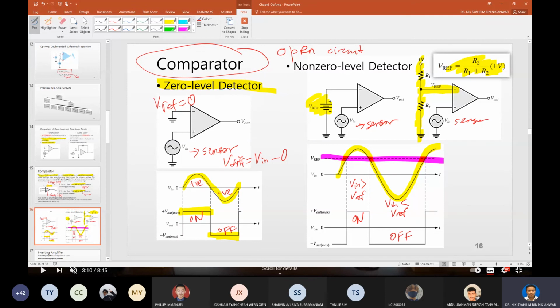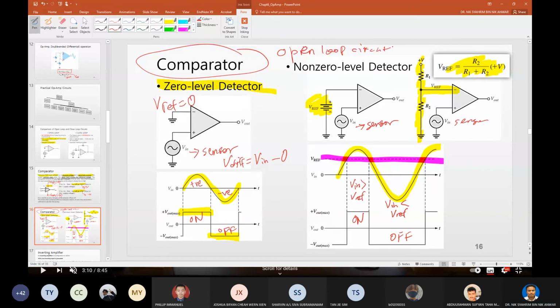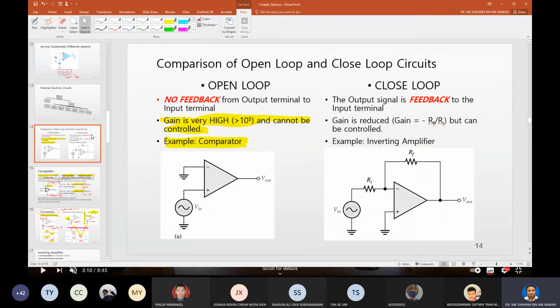Okay, now I go back to how they characterize op amp circuits. Open loop also. So it's an open loop circuit, which is what we refer to as open loop.